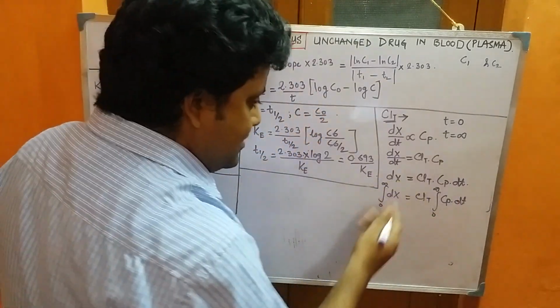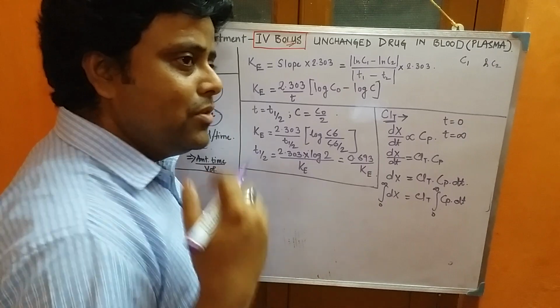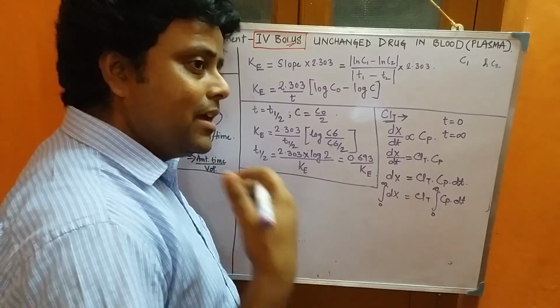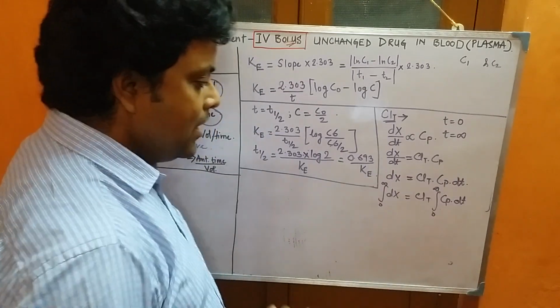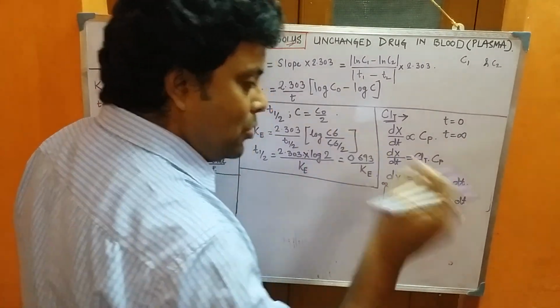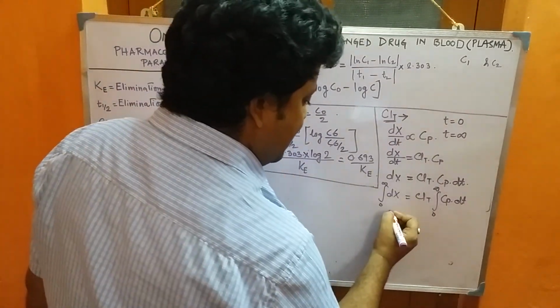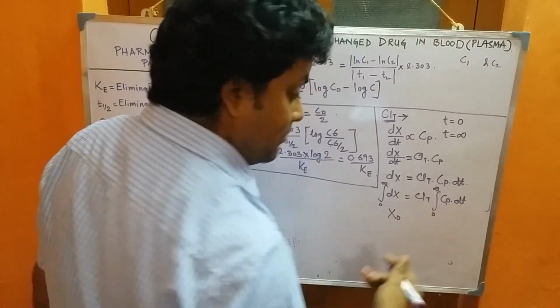So this suggests that the total amount of the drug which is given to our body and the total amount which is getting eliminated are the same. So we can say, since the total drug shows its viability in our body, that is nothing but your X naught, that is your dose.